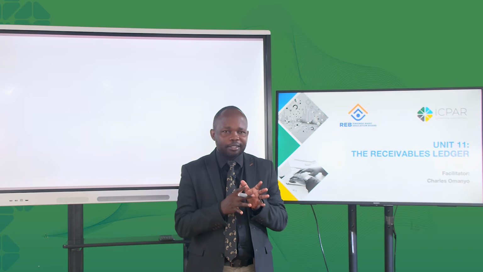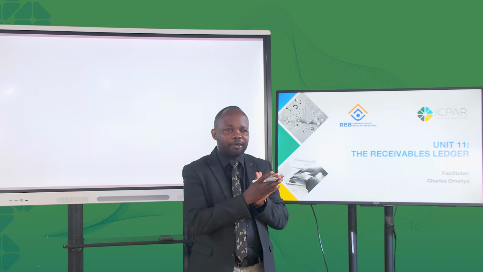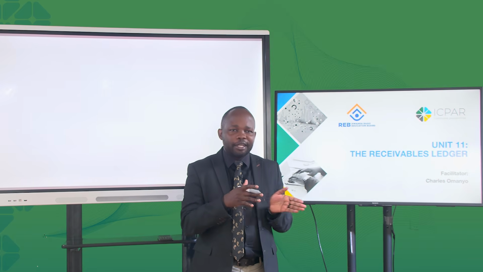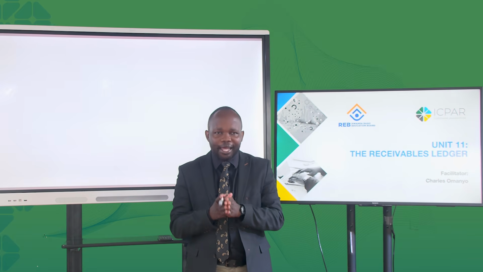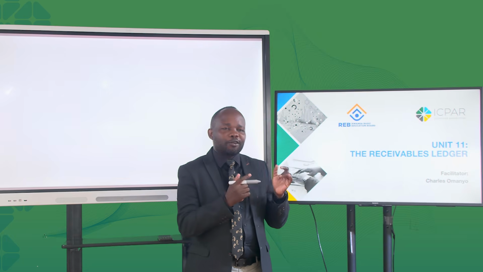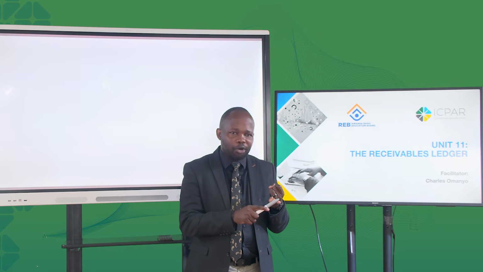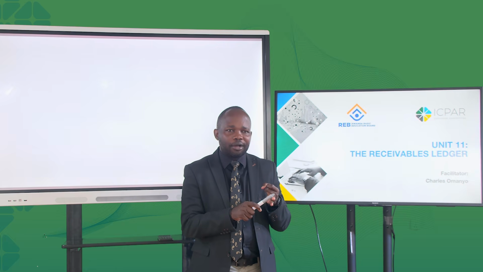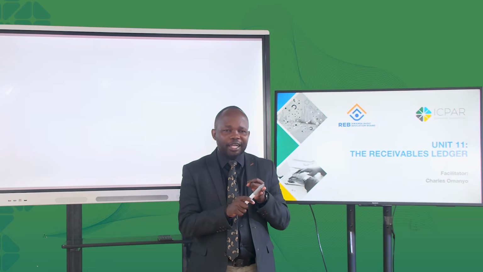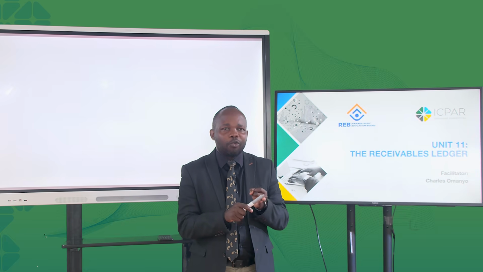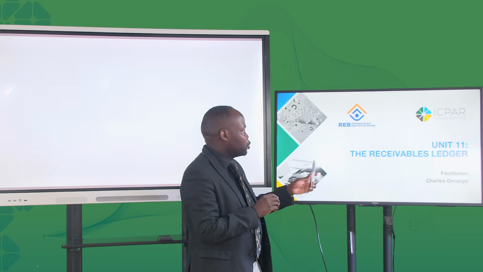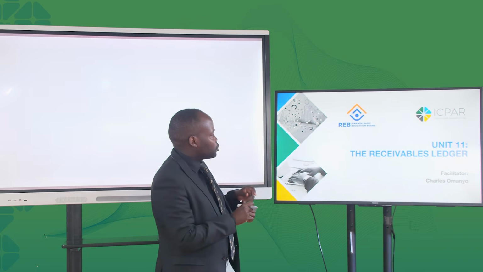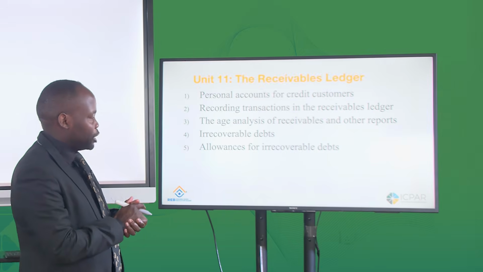Once we have our original entries, the results need to be transferred to ledgers. The results of the sales day book, sales return day book, and also part of the cash book will be transferred to the receivables ledger. So we are going to focus on the receivables ledger.